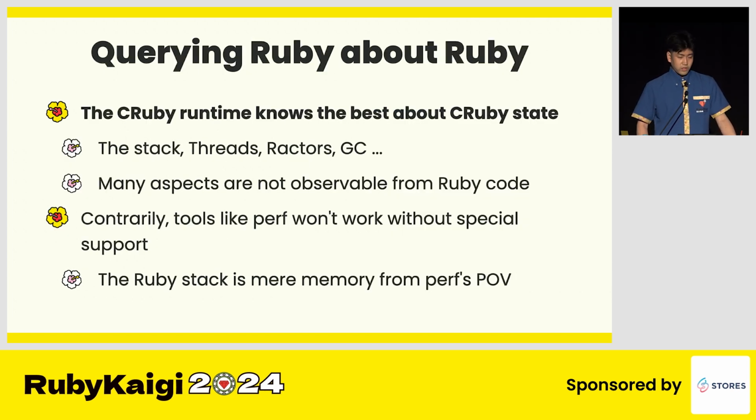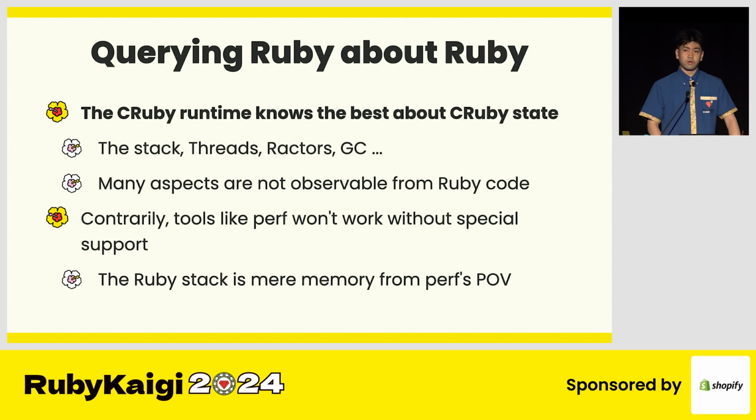The easiest way to collect this information is to ask Ruby, because CRuby knows best about the current CRuby state. It knows about the stack, threads, ractors, and garbage collection. Even many of them are not observable from Ruby code. In contrast, tools like perf wouldn't work without special support.